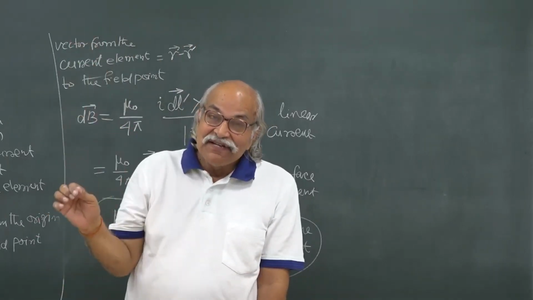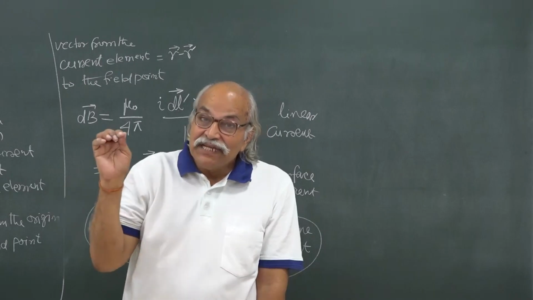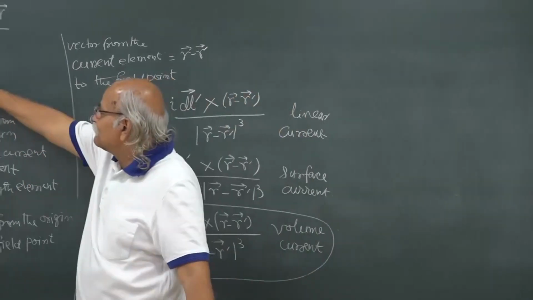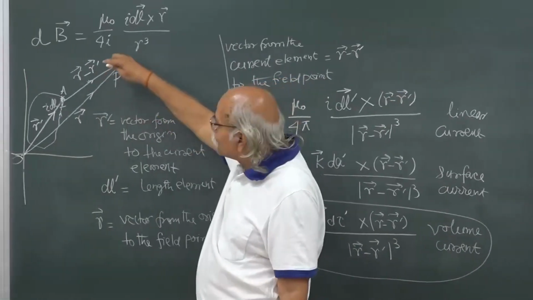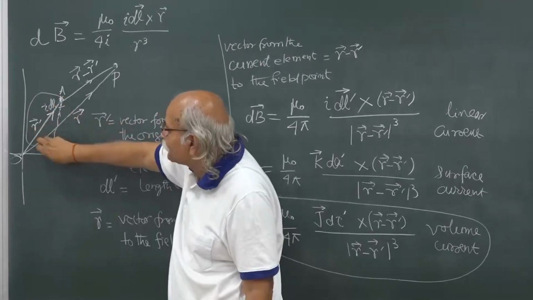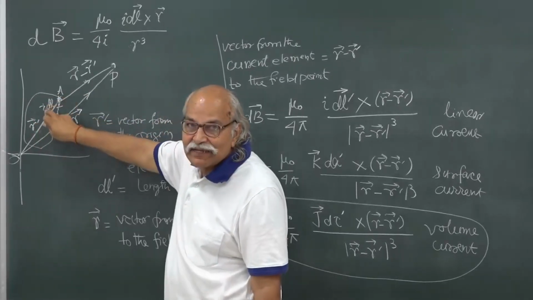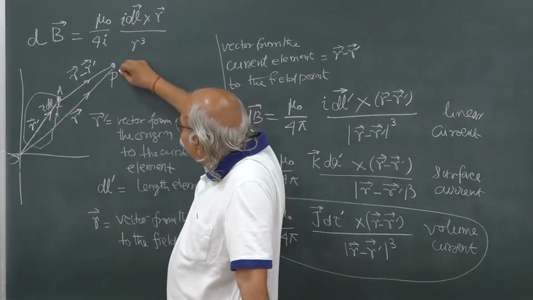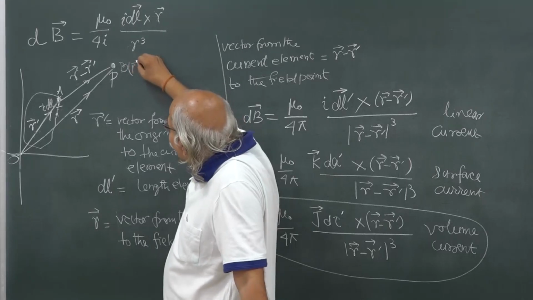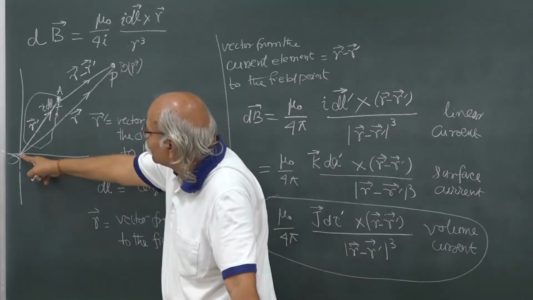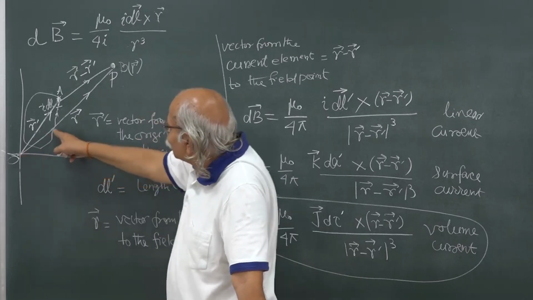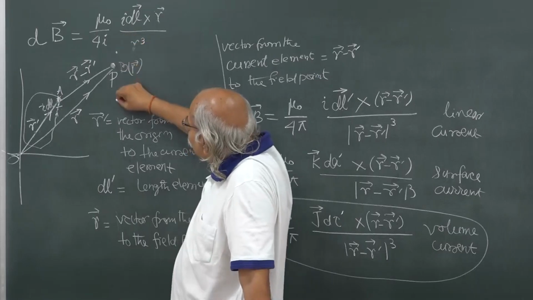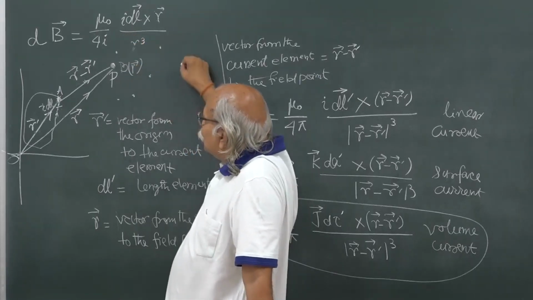So, the magnetic field is a function of the position of the field point, that is now important. This is the field point, and to get the magnetic field here I need the whole integration, and therefore all this r prime and dl prime and d tau prime, everything. But I can get the field here, at position r. This point has position vector r, the origin is here, and the x, y, z axes are there. So, this is position r, and this r can be varied. I can ask what is the field here, and here, and here.